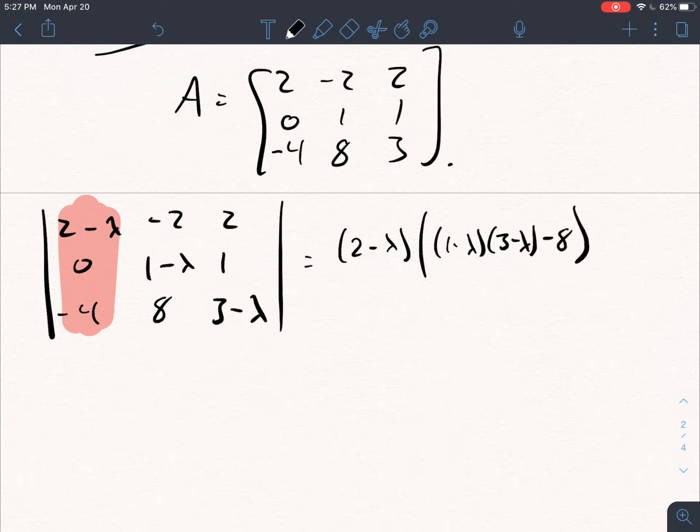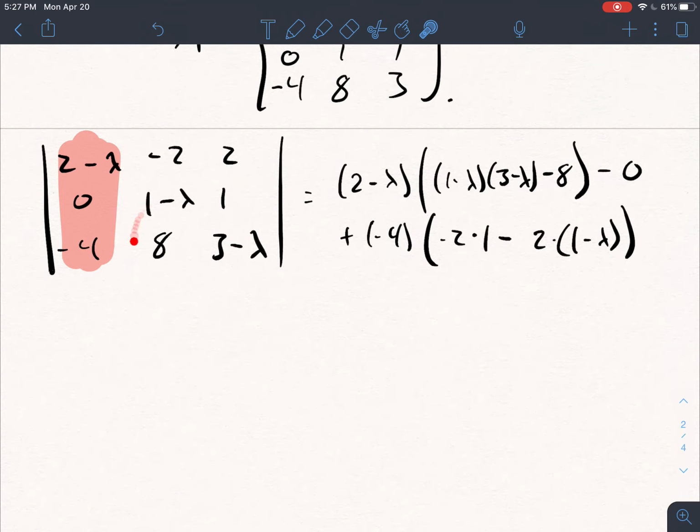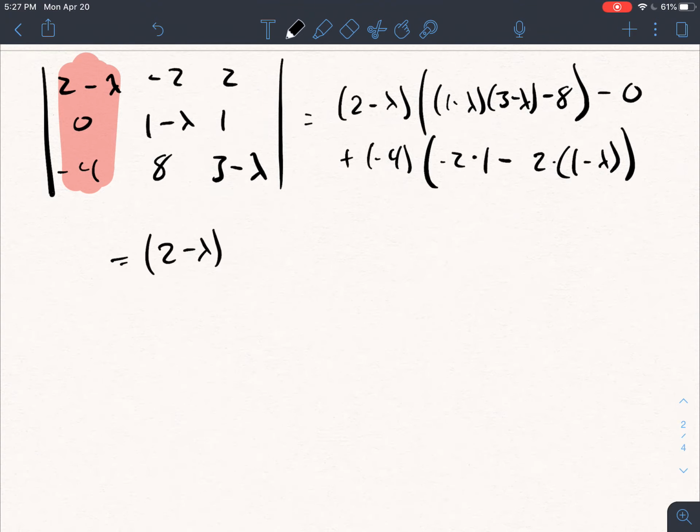So I'm going to get 2 minus lambda times (1 minus lambda times 3 minus lambda minus 8), and then minus 0, and then plus negative 4 times negative 2 times 1 minus 2 times (1 minus lambda). I don't know if I'm doing this too fast or not, but this right here is just the determinant of this 2 by 2 matrix right here, and this right here is the determinant of this 2 by 2 matrix right here.